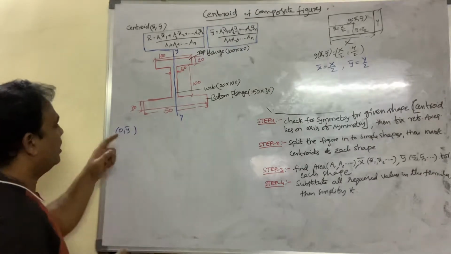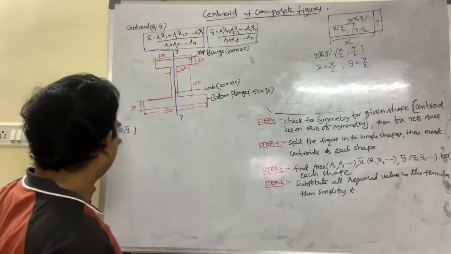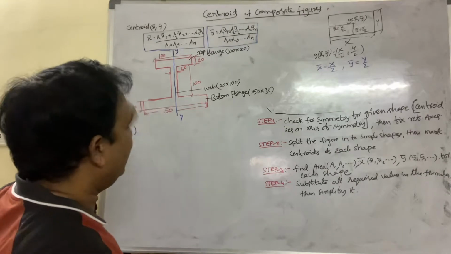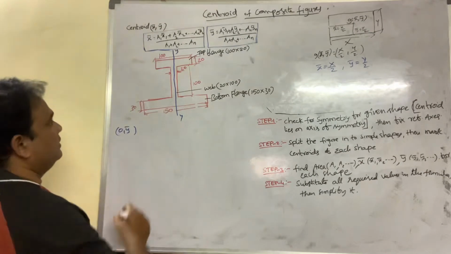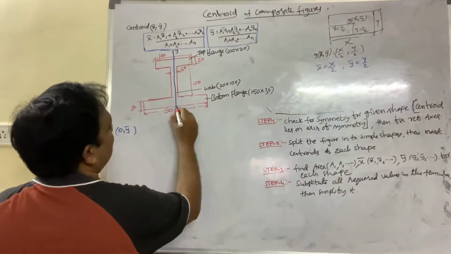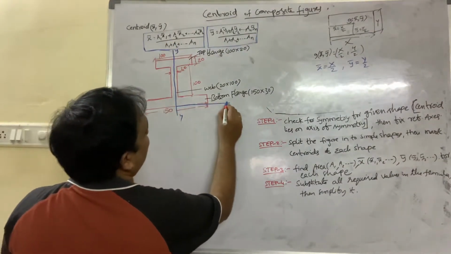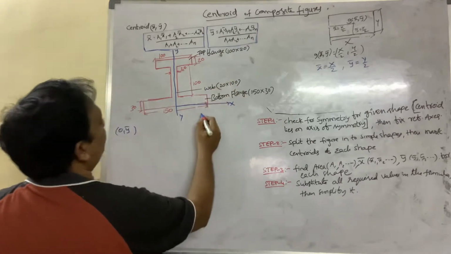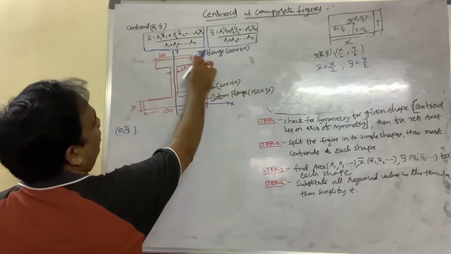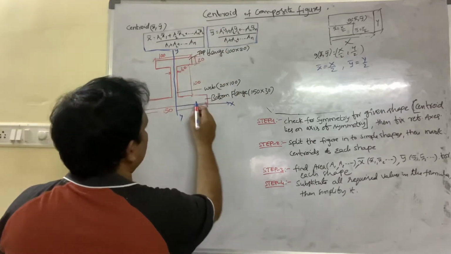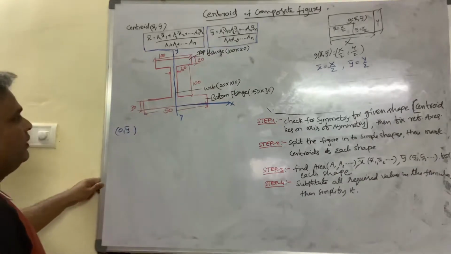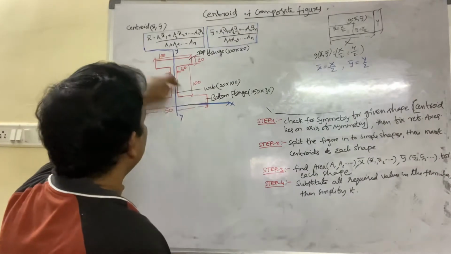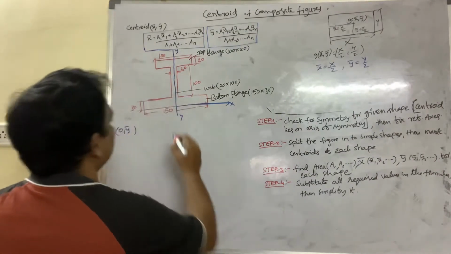In general it is x bar comma y bar, but the x bar value is 0 on the y-axis. Then fix the reference axis. As this is the y-axis, let us fix the x-axis here, and we can also fix the x-axis on the top of the top flange. So let us fix the x-axis here, then x-axis and y-axis.